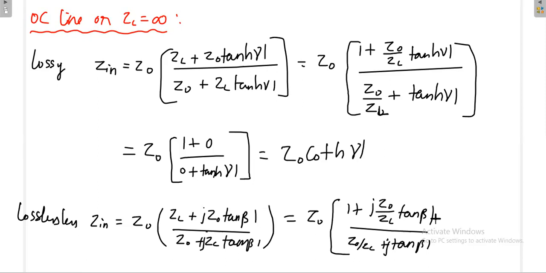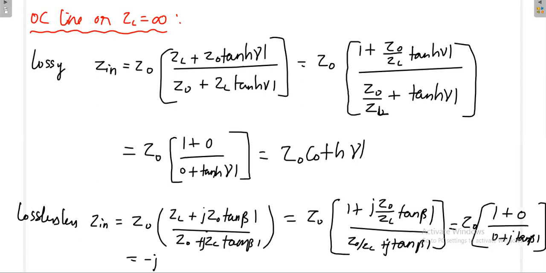Then you substitute ZL equal to infinite: Z0 (1 + 0) divided by (0 + j tan βL). Now tan βL goes to the denominator, and since j is there, it is minus j cot βL. So finally, minus j Z0 cot βL. This is the input impedance for the lossless line when the load is terminated with an open circuit.